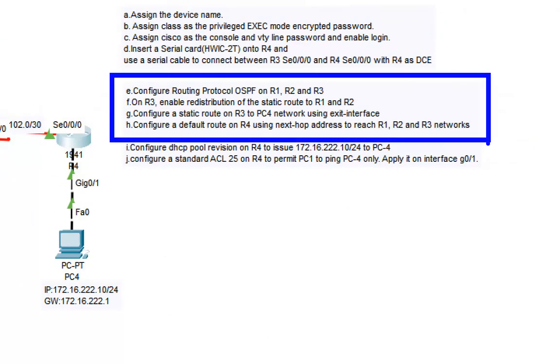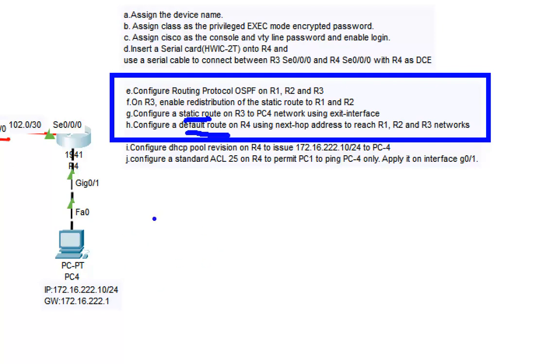For this lab, we are going to configure the routing protocol OSPF on R1, R2, and R3, so OSPF is going to involve only R1, R2, and R3. From R3 to the PC4 network, which is R4, we're going to use a static route pointing to the PC4 network. And for R4, we're going to configure a default route.